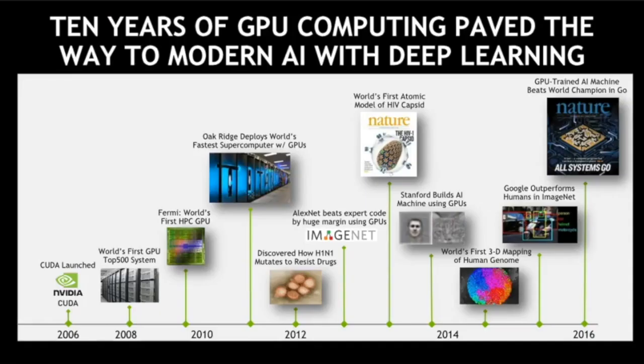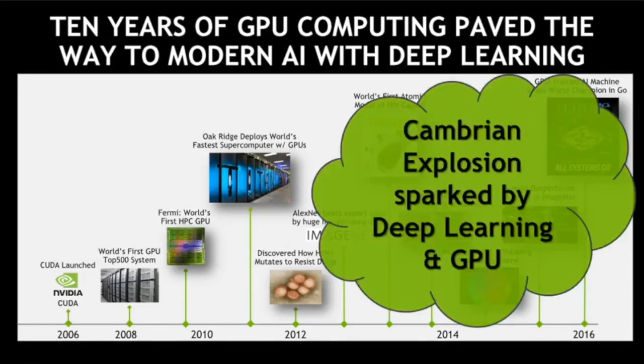After this, something very interesting happened. I call it a Cambrian explosion sparked by deep learning and GPUs. A Cambrian explosion is a term which I borrowed from the development of life on Earth. If you look back millions of years, when life was developing, first there was very simple life, and at some point in time there was enough oxygen to develop more and more complex life.